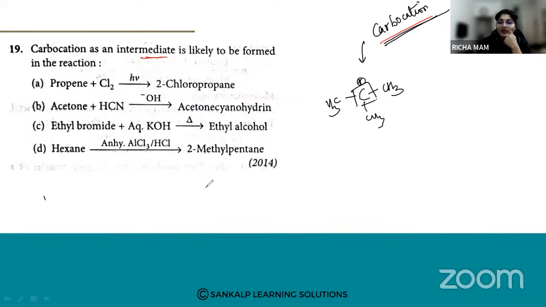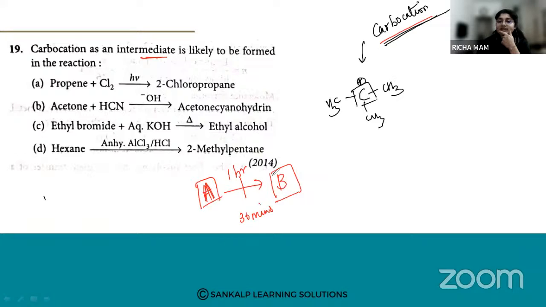Suppose a reaction is going from A to B, and to convert A to B it requires 1 hour. At 30 minutes, what will happen?